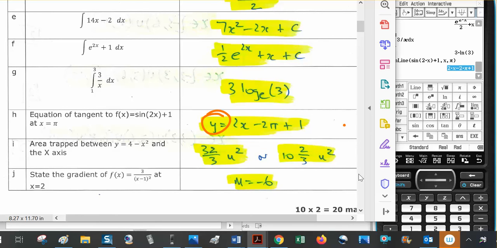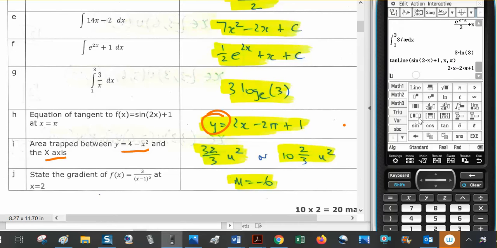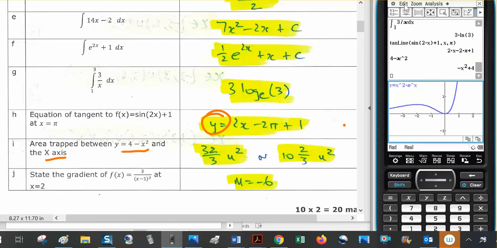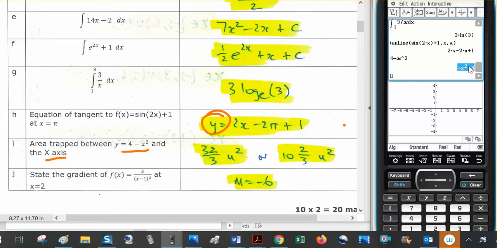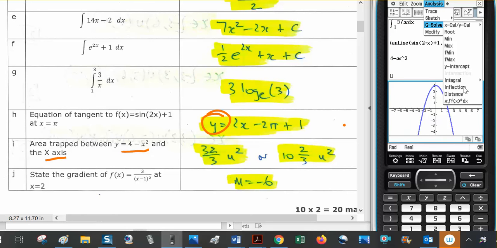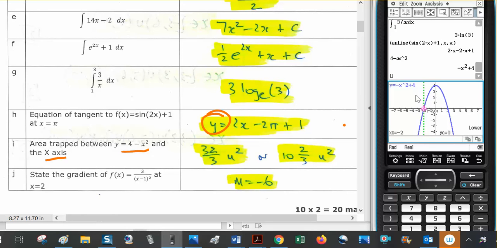The trapped area between y equals 4 minus x squared and the x-axis. So 4 minus x squared. Let's have a look at it. Okay, analysis, G-solve, integral from the x-intercepts.